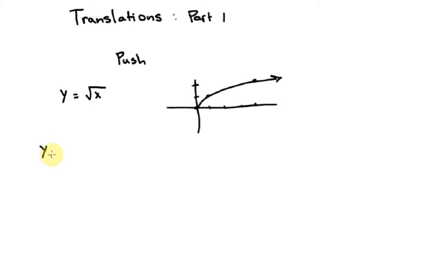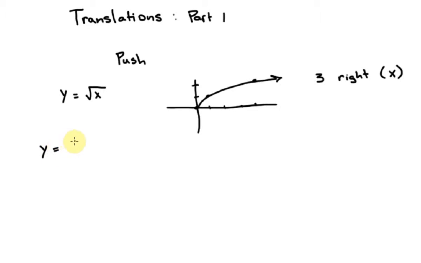Now, first of all, if we're moving this thing 3 to the right, right and left is a change on the x location. Right and left stuff has to do with x's. It's up and down that has to do with the y. So this has nothing to do with the y in our first little example, just the x.